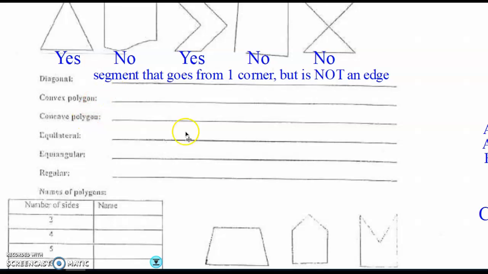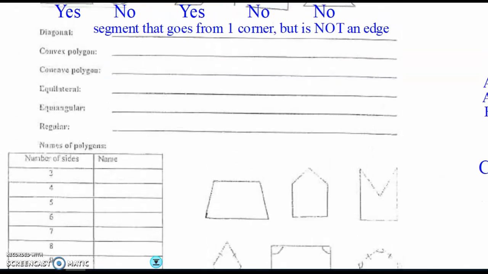Convex and concave. I'll show you this with this example down here. So this guy's convex. If I would put a rubber band around this, that rubber band would just hug the whole edge. Same thing here. This is convex.